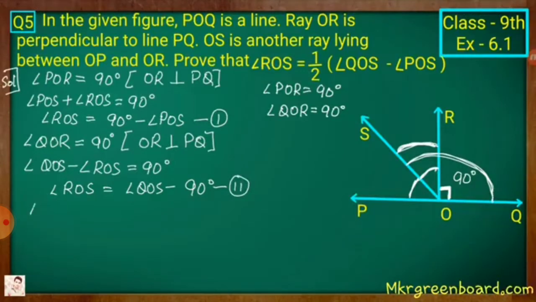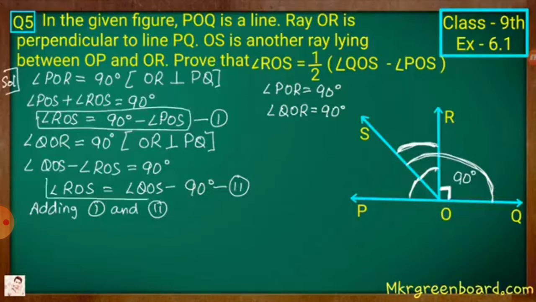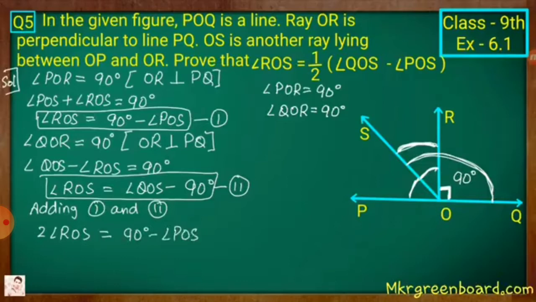Next. Adding 1 and 2. We should add 1 and 2. Why will we add? Because RHS both are the same. See, ROS, now we should add angle ROS, left hand side ROS is there. Both of them, now we will add, 2 ROS equals, now right hand side we are adding. First equation 1 we will write: 90 degrees minus angle POS.